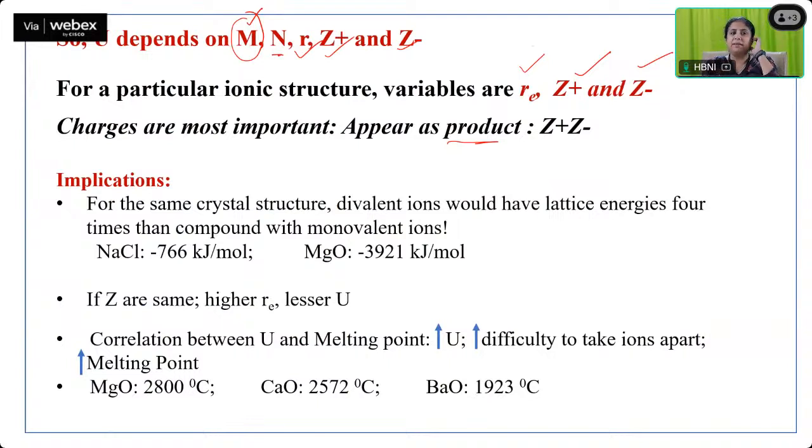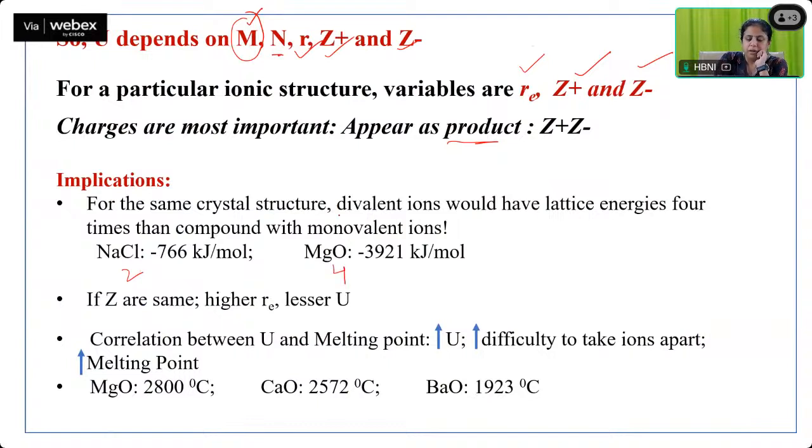Now let us take what are the implications of it. If I have the same crystal structure, MgO and NaCl, rock salt structure, then the Madelung constant would be the same, right? But here the product of charges is 1 and here the product of charges is 4.